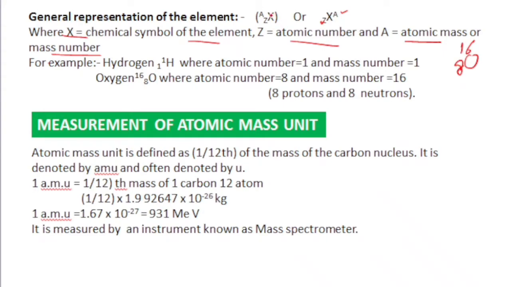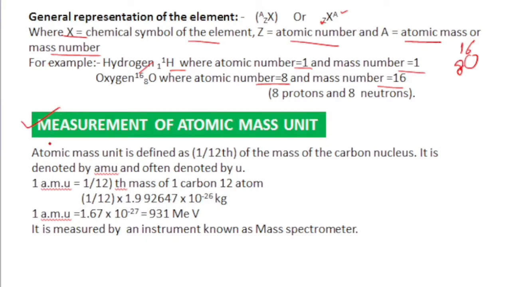In this way, if X is any element, you can represent it as X, Z, A. For example, hydrogen you can write as H, 1, 1, where 1 is the atomic number and the mass number is 1. Oxygen is 16, 8, where 8 is the atomic number and 16 is the mass number, because it has 8 protons and 8 neutrons.